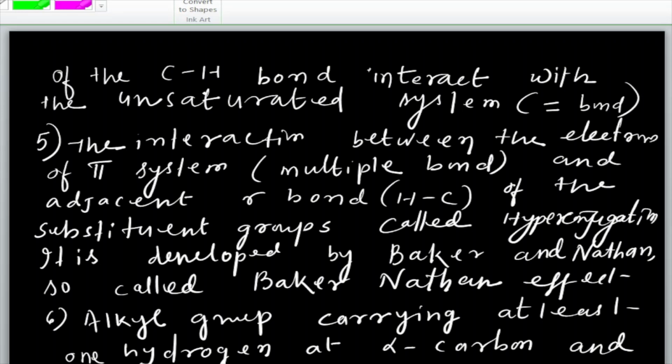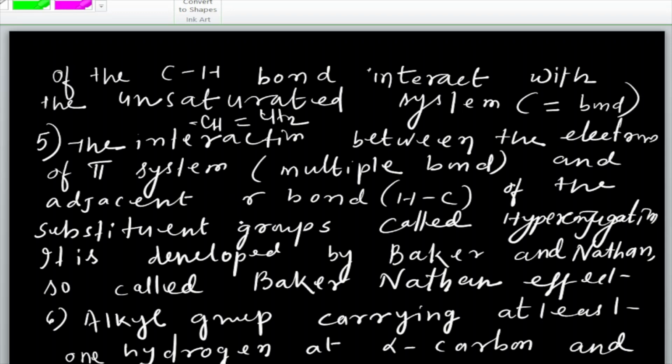The C-H is attached to the double bond, as in CH3-CH=CH2. The interaction is between the electrons of the pi system and the adjacent sigma bond. This stabilizing interaction is called hyperconjugation.